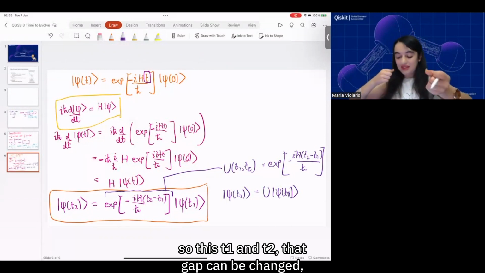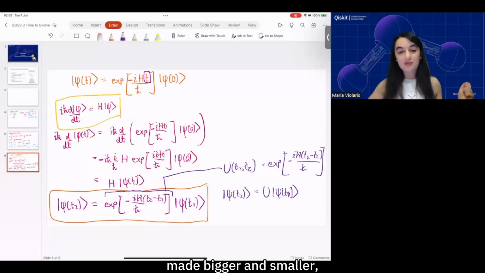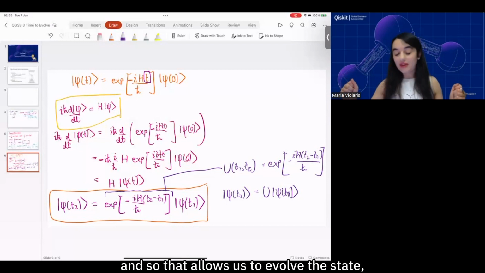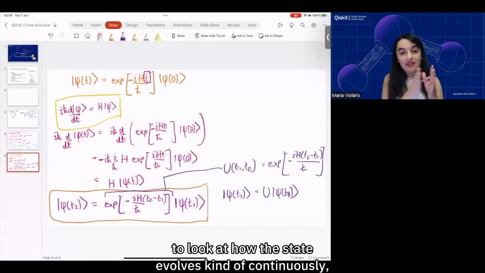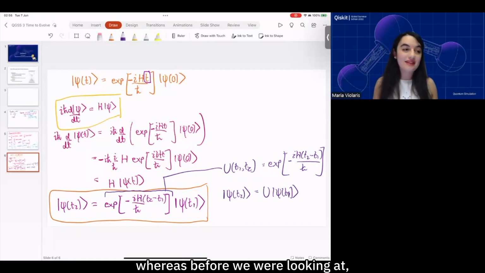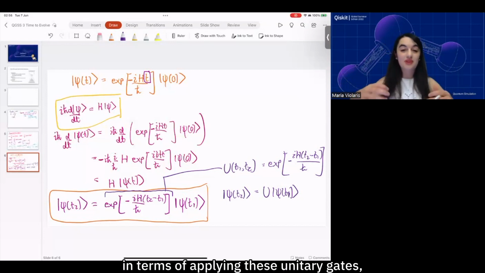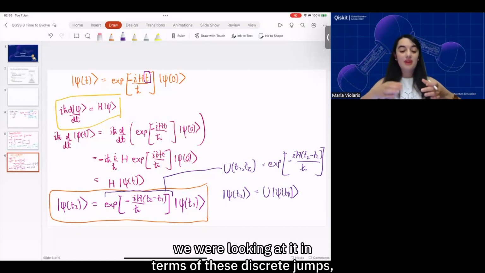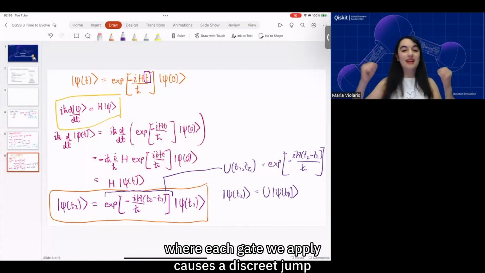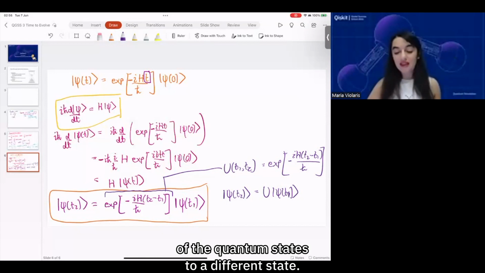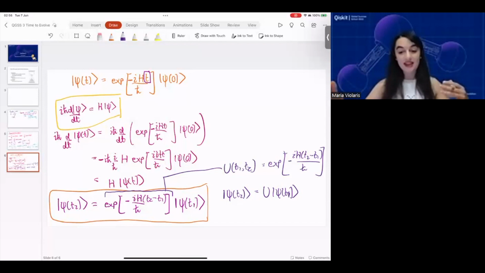This t1 and t2 gap can be made bigger and smaller, and so that allows us to look at how the state evolves continuously, whereas before, when we were applying these unitary gates, we were looking at discrete jumps, where each gate we apply causes a discrete jump of the quantum state to a different state.